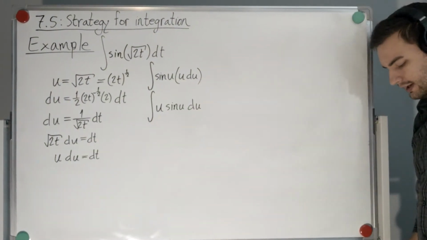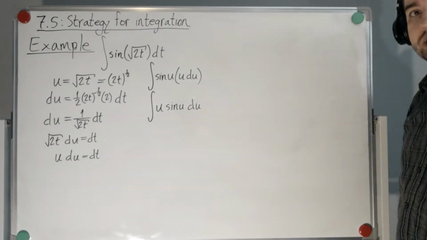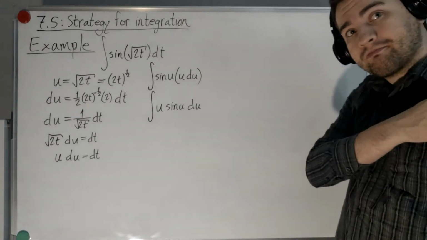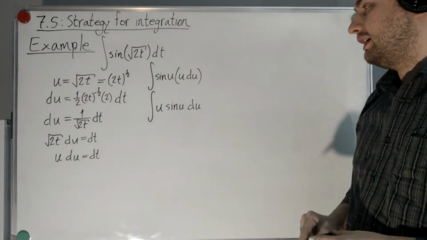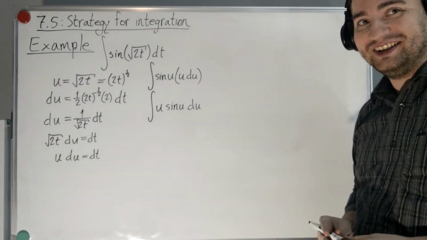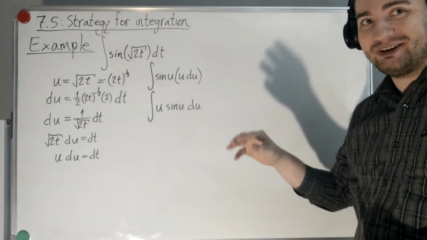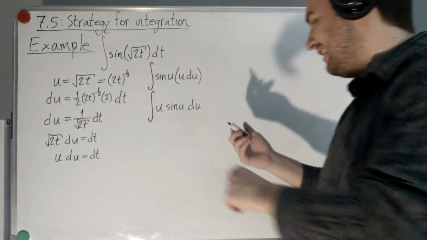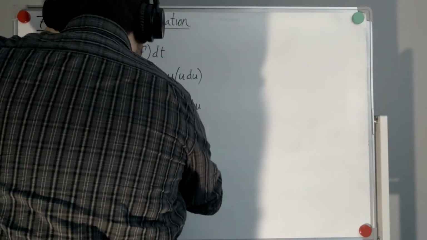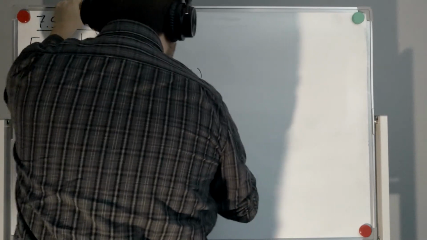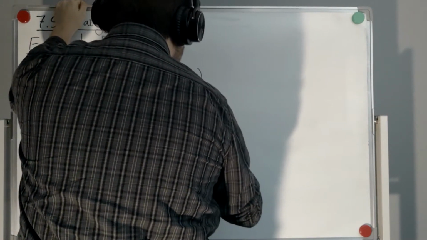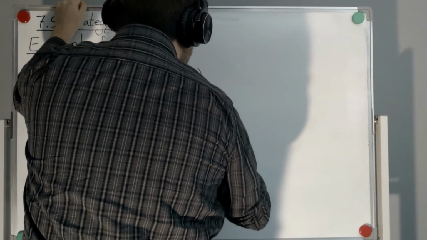And then this is a quintessential integration by parts problem. So I guess I don't really want to call the two things u and v, so I'll call them w and v. I'll say w is equal to u, and dv is equal to sine u du.